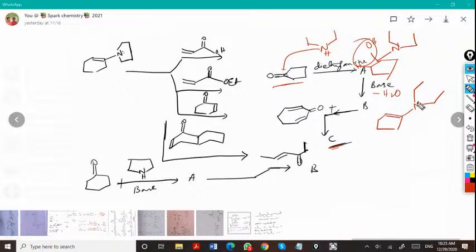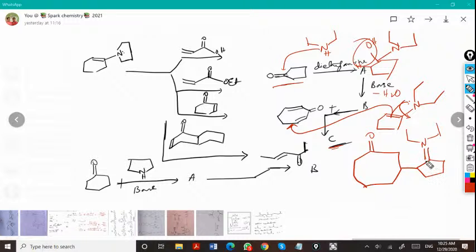So this enamine, if it reacts with the carbonyl, it will be onto the alpha beta unsaturated position. So it is going to give the saturated imine system, carbonyl with imine system.